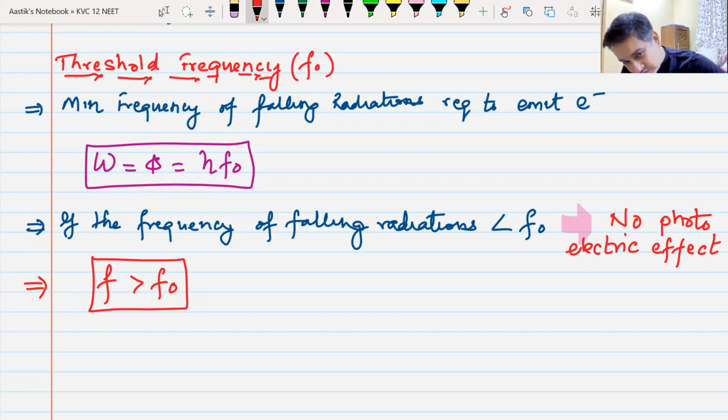What is the next thing that you have to understand? We have seen work function. We have seen threshold frequency. What is the third thing that you have to understand?